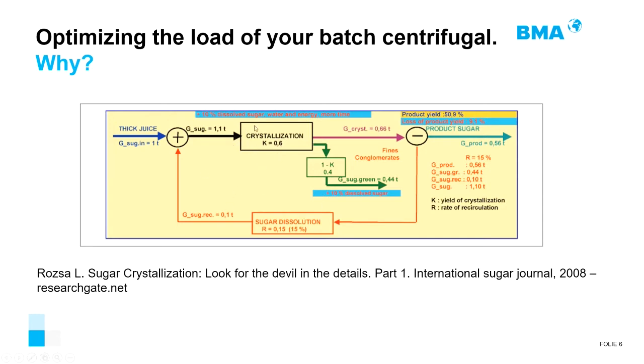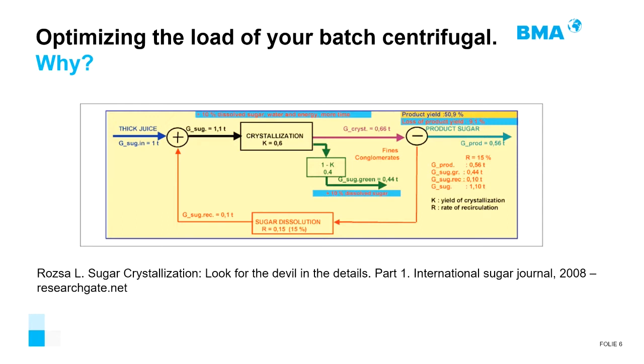You can see that crystallization is having a win of 0.6. And of course, we have some recirculating. And on the top of this figure, which is taken directly from the paper, you have the product yield, 50.9%. That means that you pack in your crystallization station 1 ton and you get the sugar 50.9%.